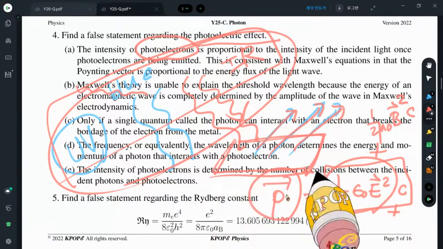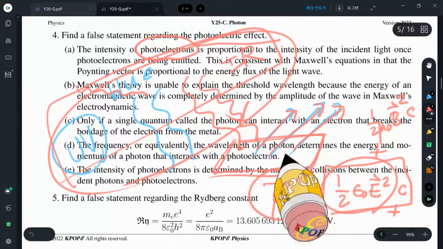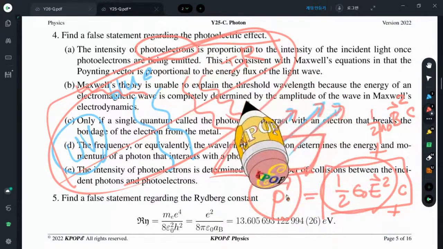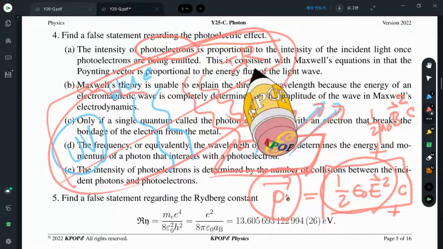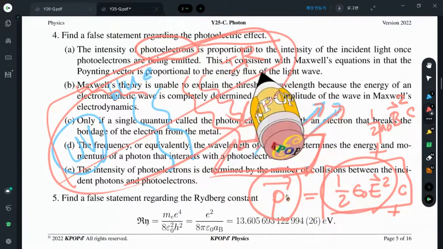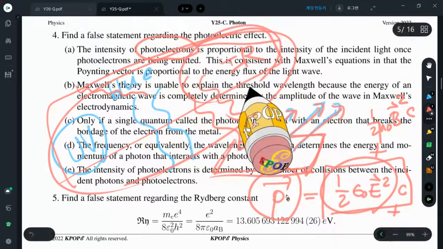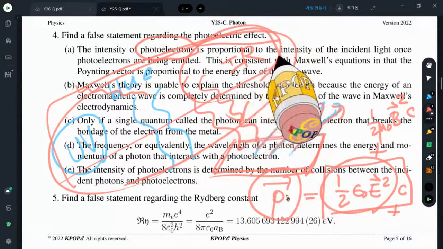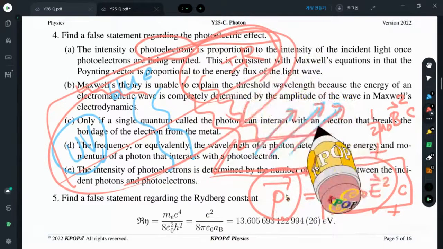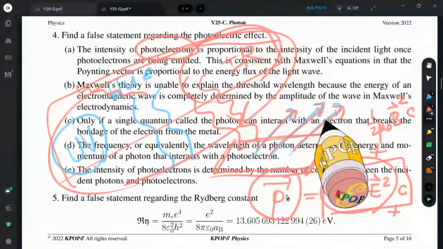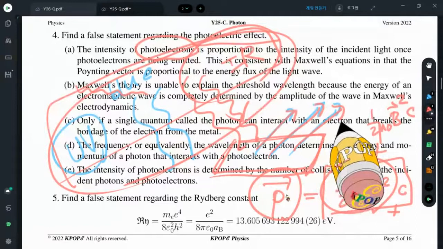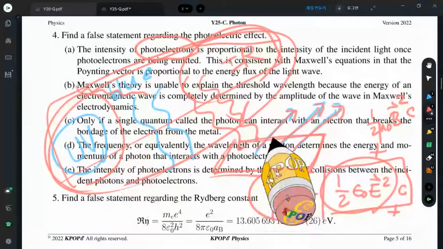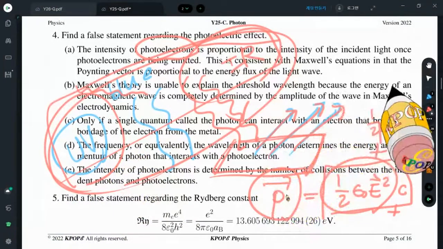However, actual experiments show that photoelectrons are not emitted at lower frequency, that means longer wavelength. For example, with infrared light, whatever intensity we apply, no electron appears. However, if you shed UV light on it, a bunch of electrons are emitted.